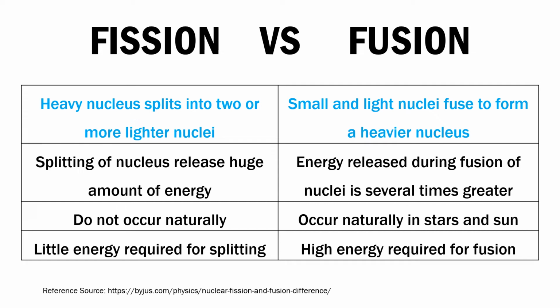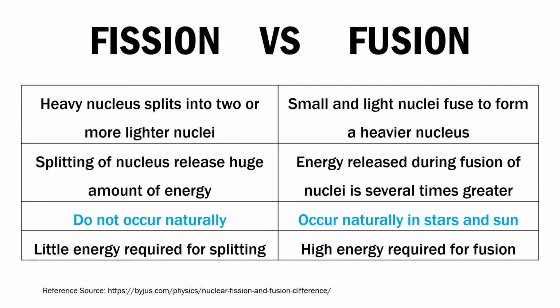The first comparison is that nuclear fission involves a heavy nucleus splitting into two or more lighter nuclei, while on the other hand, fusion is about small and light nuclei fusing to form a heavier nucleus. Second, the splitting of nucleus in fission will release a huge amount of energy, while the energy released in fusion is several times greater than fission.